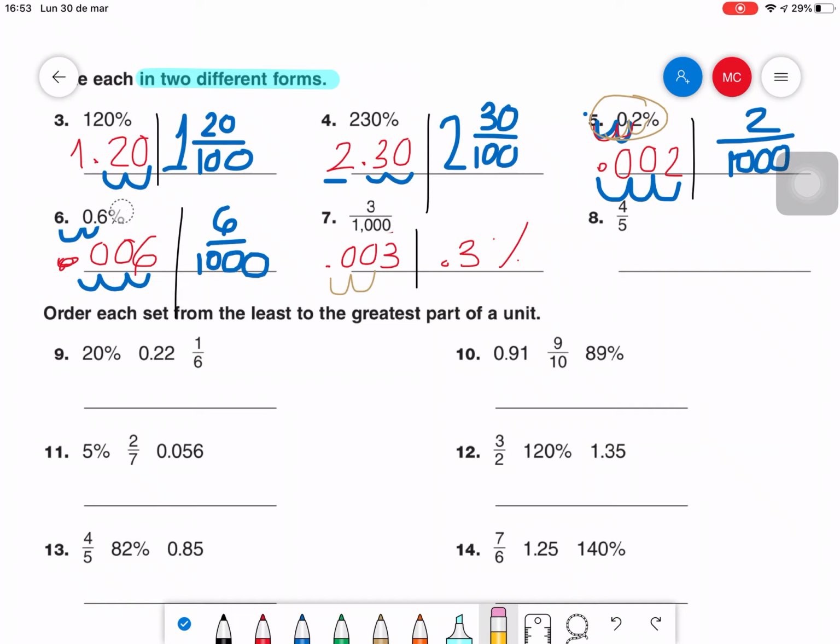And then, let's continue. The last one says 4/5. Hack: the easiest way to solve it is dividing it and converting that into a decimal. Remember that you can always convert a fraction into a decimal by using division. So 4 divided by 5.